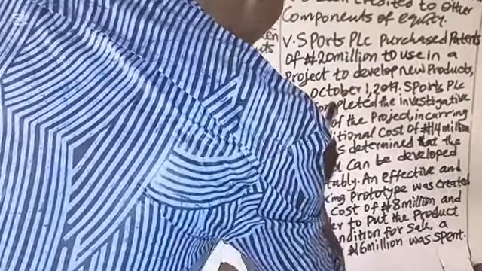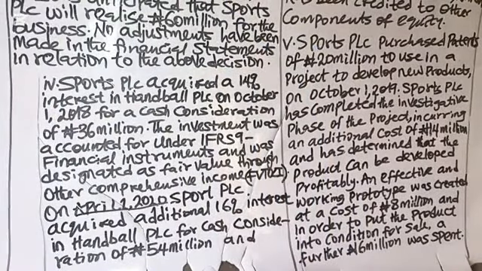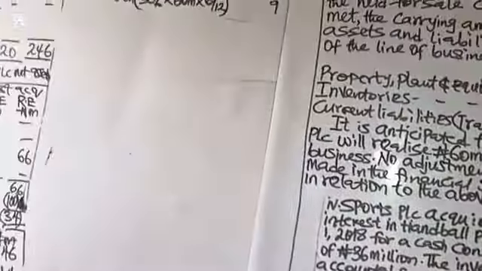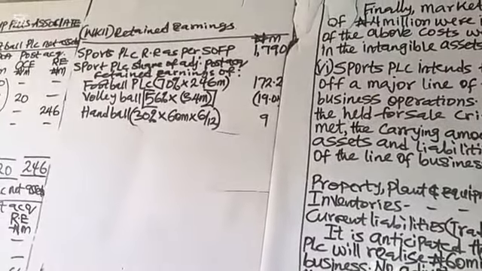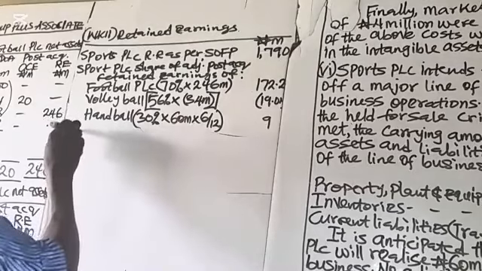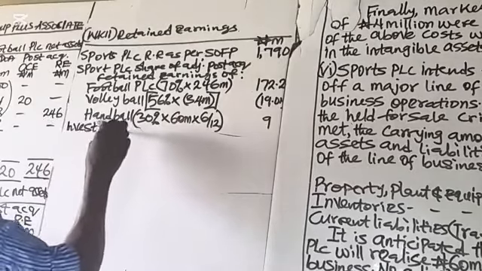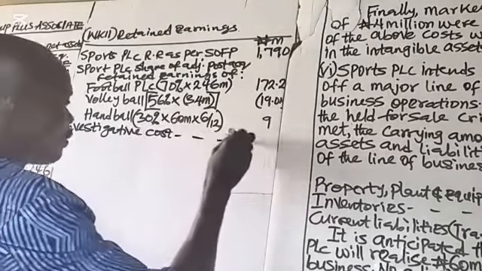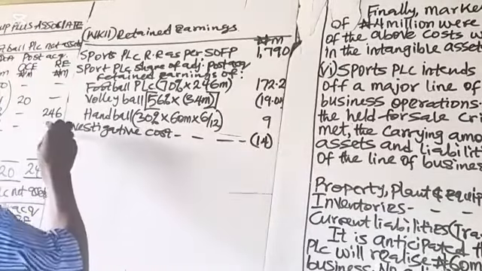Those costs that do not meet the capitalization criteria as an intangible asset in note 5 will be expensed. So we said the 40 million, which was incurred in the investigative phase, and the advertising or marketing cost of 4 million, we said that should be expensed. So now let's have the investigative cost of 40 million.